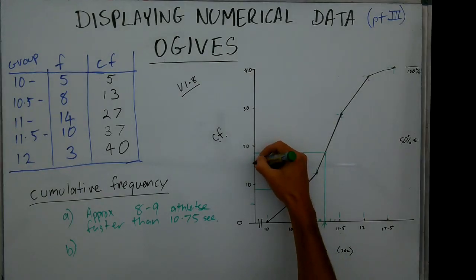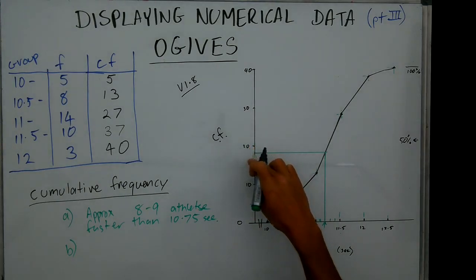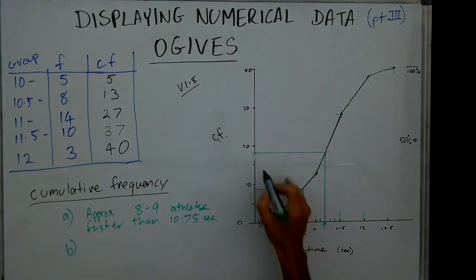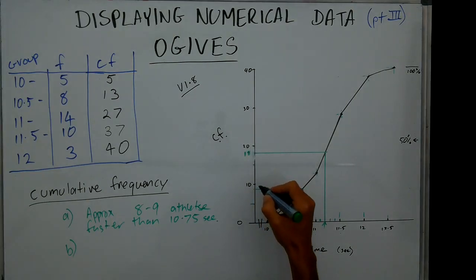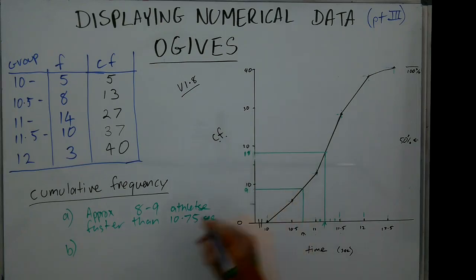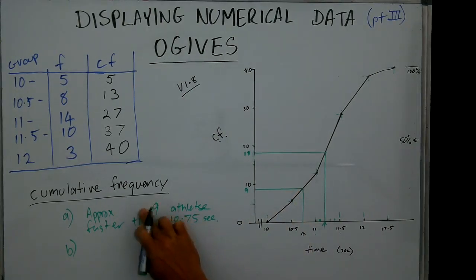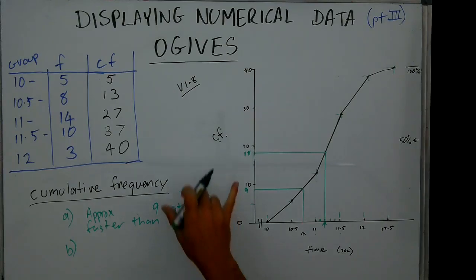So I'm going to say that's about 18. So, how many athletes took longer than 11.2 seconds?